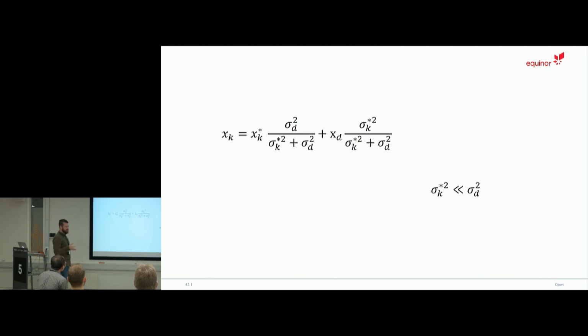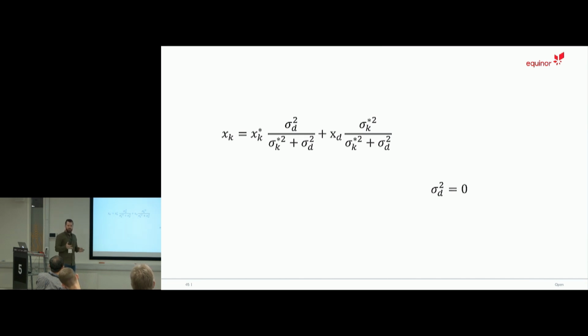So then I would expect the new measurement to not really that much affect my current forecast, right? And that's also actually what happens. If this is very big and this is very small compared to it, then this becomes almost 1 and this becomes almost 0, and you basically end up with more or less your forecasted value. So once again, the equations agree with my intuition, and at least I am happy.